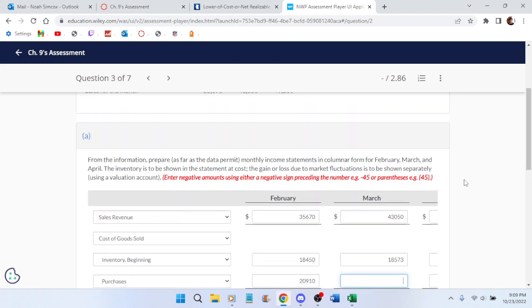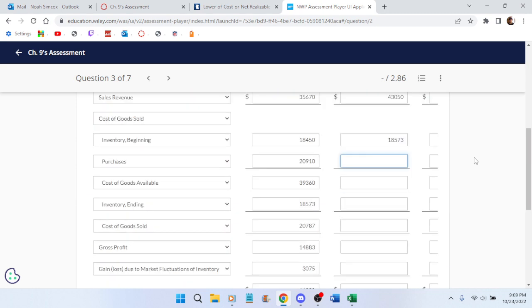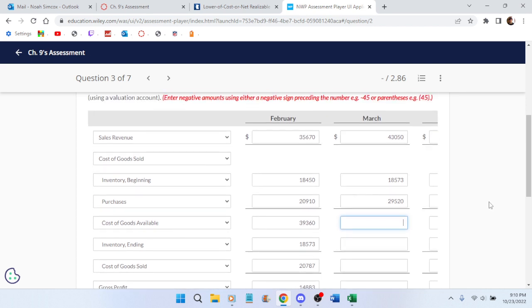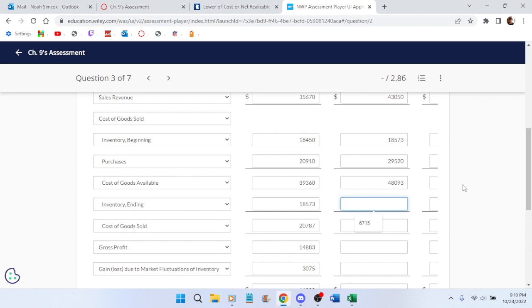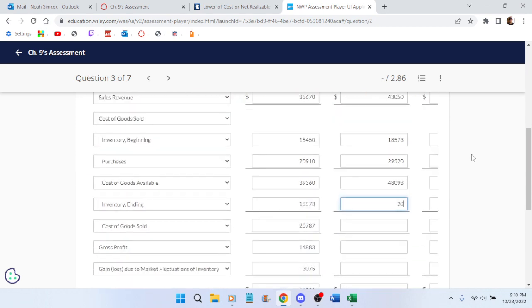Purchases of March is 29,520. Therefore, you have this plus this: 18,573 plus 29,520 is 48,093. And then your ending inventory for March is 20,910. And then you do cost of goods sold.